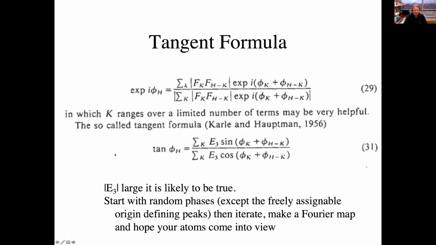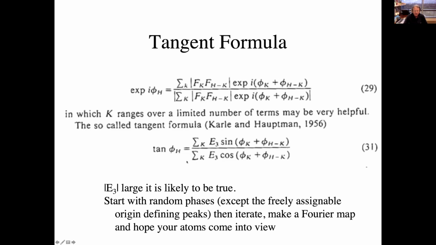Hauptman and Karle further derived an expression for phase relationships called the tangent formula, which is very useful in propagating these concepts to the whole set of phases. So if you are comparing the relationship of phases for K, H minus K, if you sum up all of the structure factors for K, H minus K, if E3 is large, then this formula is likely to be true.